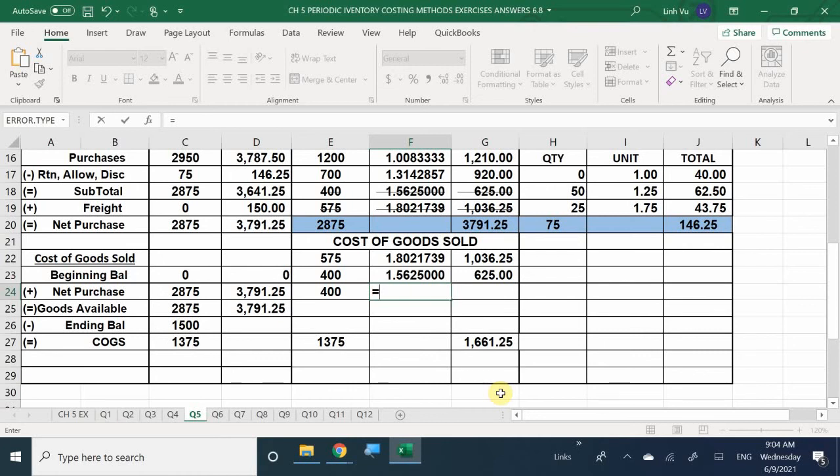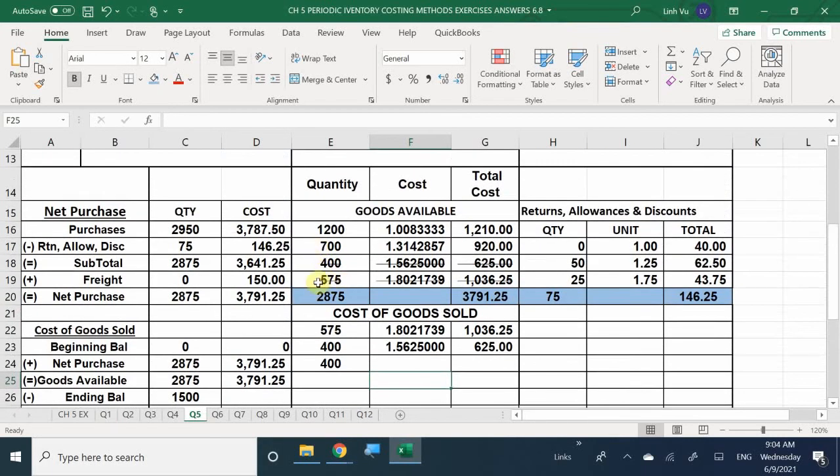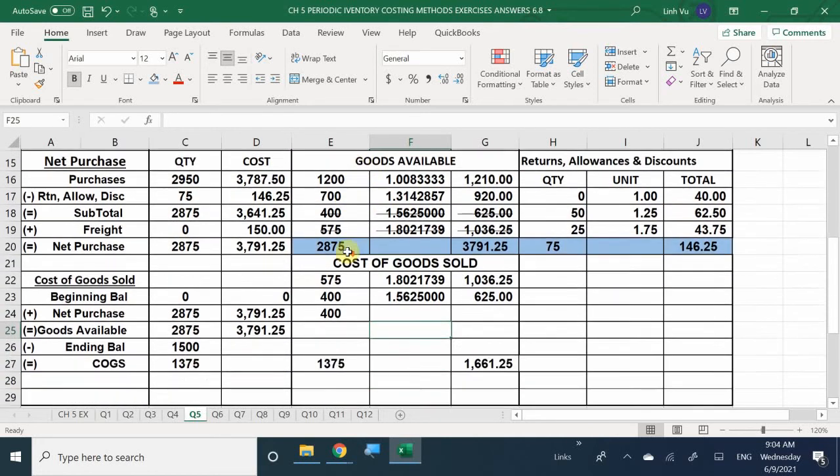So you crossed off the 575 and you've already used the 400? Yes, if you look carefully on my screen, it's crossed out. Okay, I guess it's just too thin. So it's crossed out. All right, so you'll take the 400 from the 700.